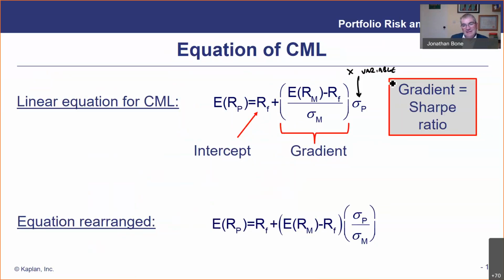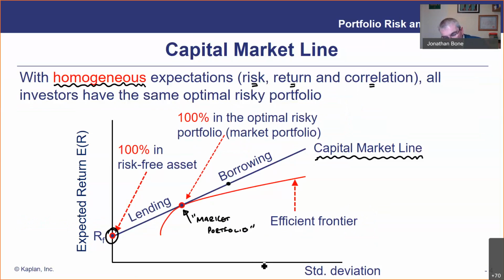So the significance is, if I know a portfolio standard deviation, let's go back to the previous slide. If I now know a portfolio standard deviation, let's say we've got a portfolio standard deviation up here, what I can do is plot my way up here and work out its expected return.